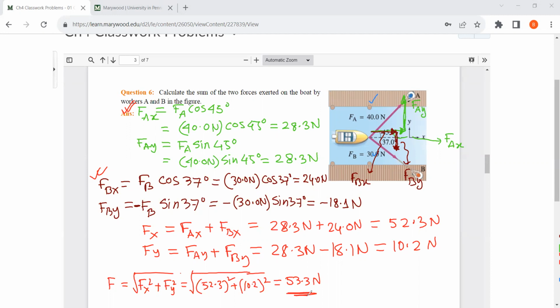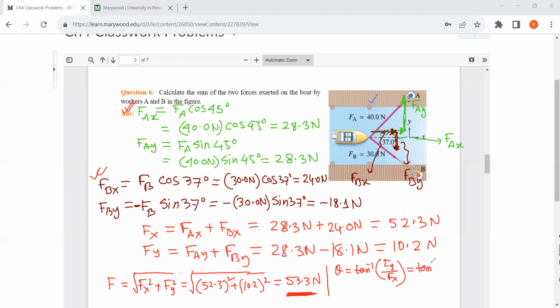All right. Then how about the angle theta? When we have this kind of problem, we are basically interested in both the magnitude and the angle. The direction means basically the angle. So the magnitude is this, and the direction is theta equal to tan inverse of Fy over Fx.